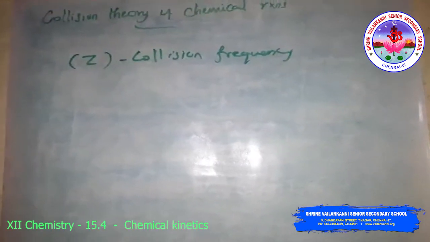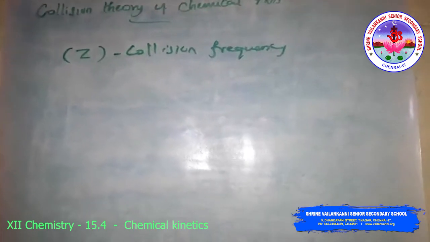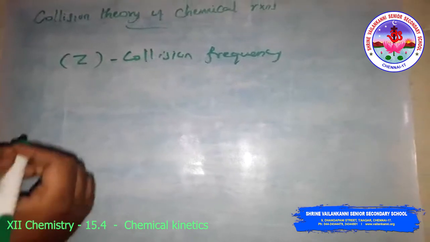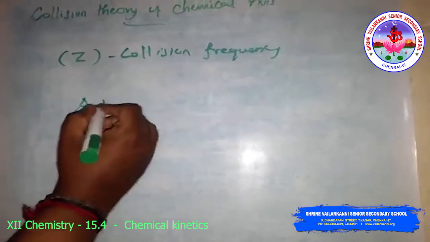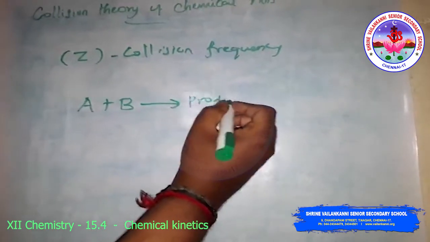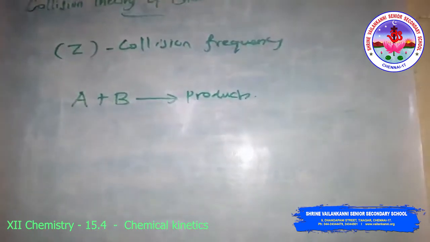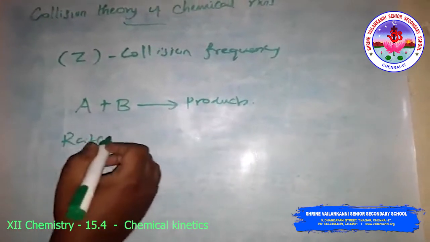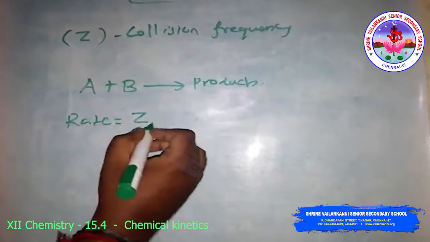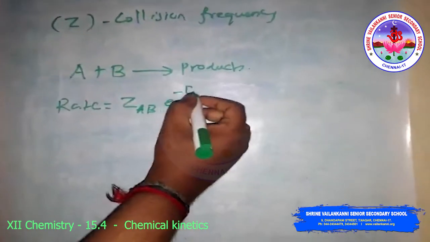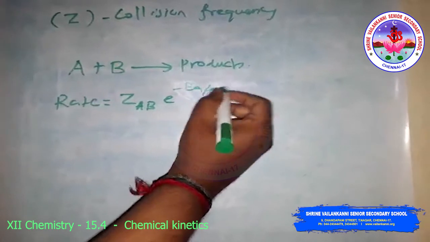Another factor which affects the rate of a chemical reaction is the activation energy. For a bimolecular reaction, that is A plus B gives products, the rate of reaction can be written as rate equals Z_AB e to the power minus Ea by RT.